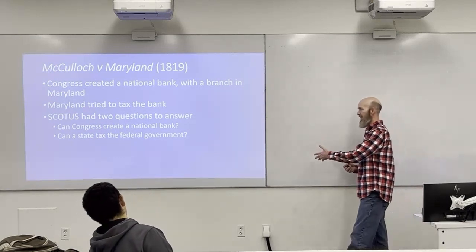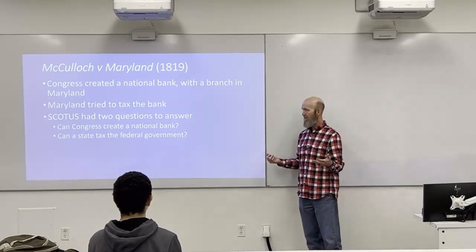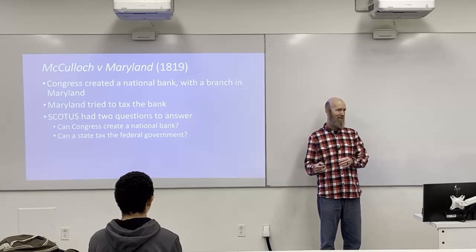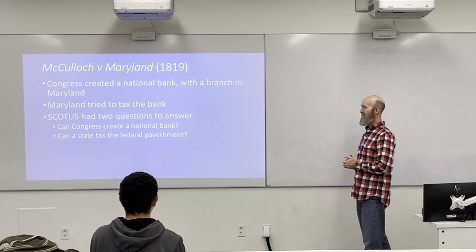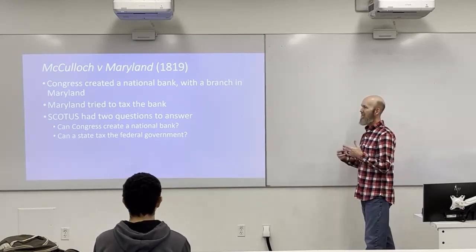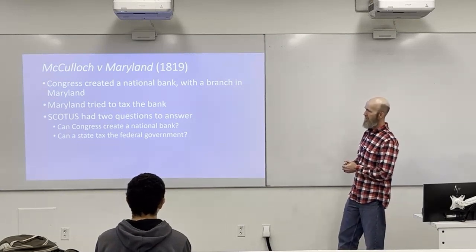One of the branches of the national bank was in Maryland. Maryland decided they were going to tax the bank. They passed a law specifically taxing just the national bank. So the United States government decided they were not going to pay this tax, and it ends up going to court. The Supreme Court had to decide 2 questions.